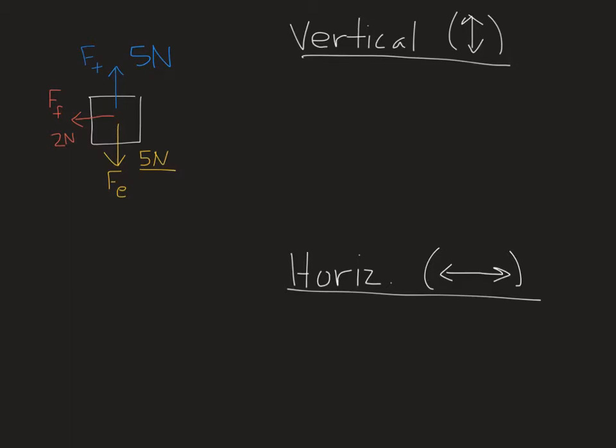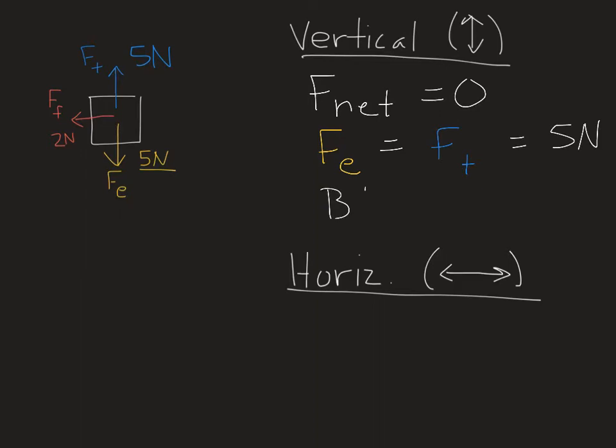In the vertical direction, we know that F net equals 0. And so what we found out was that Fe equals Ft equals 5 newtons. Both those are equal to 5 newtons. They balance out. Forces are balanced.